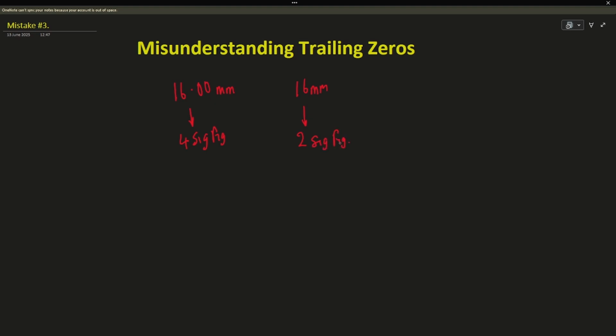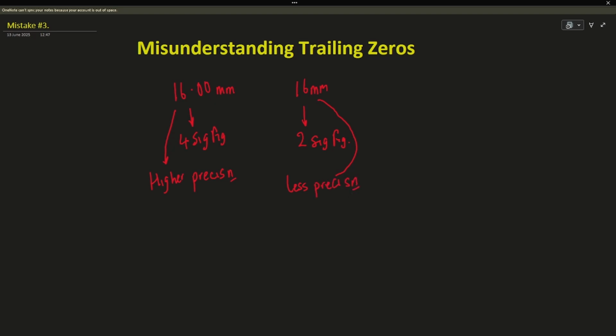So when it comes to high precision, 16.00 has a higher precision, and 16 millimeter has less precision. When it comes to engineering, that is lesser precision.